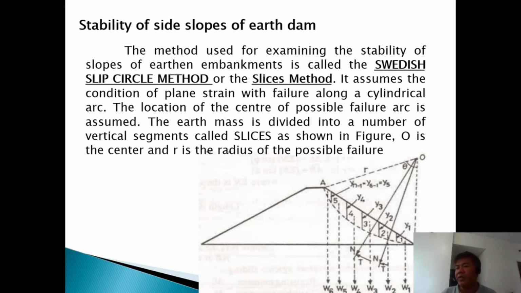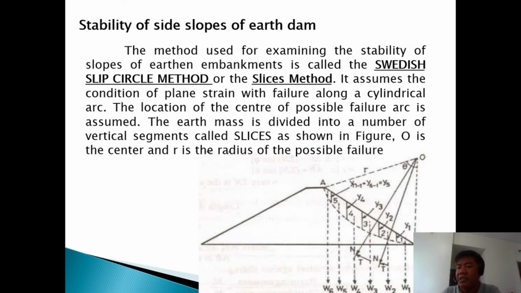Similarly, with the curved surface mentioned in the previous slide, you divide the mass into a number of segments, and those segments are known as slices. In integration, these are the integral parts, very small parts.